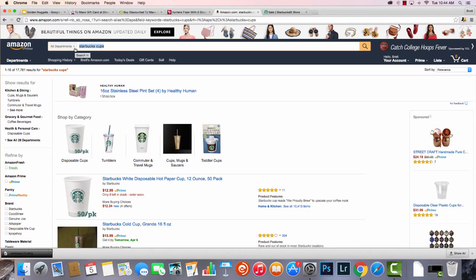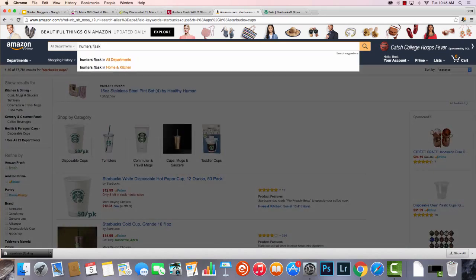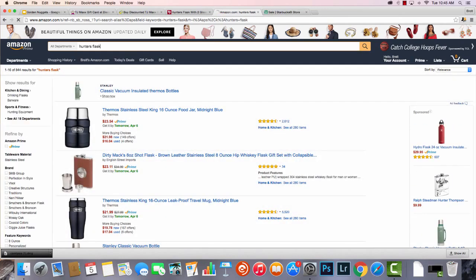Now, just like TJ Maxx said, Hunter's flask. Okay, let's check it out. Oh my gosh, this is what I call, we just stumbled onto pure gold. Because, look at this. So obviously, Thermos is a high brand name, right? We're not going to target Thermos, but look at this. Nobody up here.